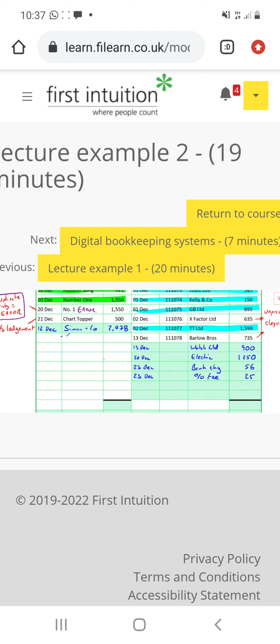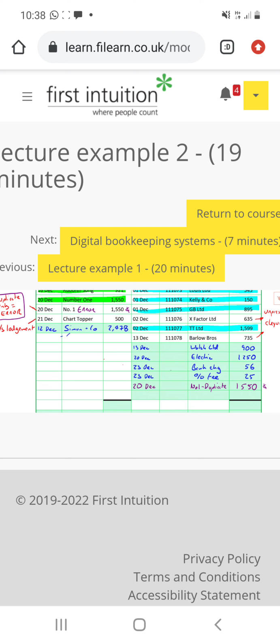So what we're going to need to do is take it out. Now rather than just deleting that line, what I'm going to do is say number 1, it's a duplicate, and if it's already gone in on the debit side, if we post it on the credit side as well, it cancels out. So those two balances will cancel out. We've said 1,550's gone in, 1,550's gone out.